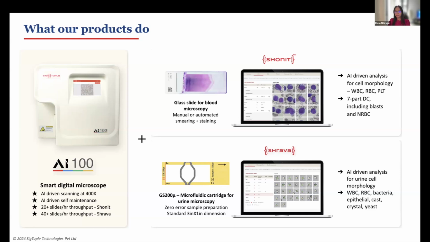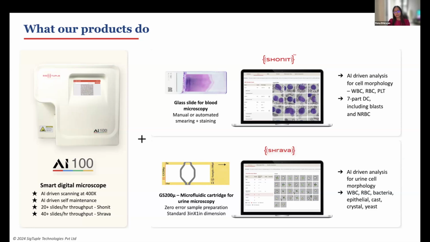The RBC morphology will provide you the anisocytosis as well as the poikilocytosis. And then you have the platelets, where you get the platelet count, as well as platelet morphology for the giant platelets, as well as the platelet clumps. You also get a fantastic microscopic view, which gives you a seamless transition from stereotypical manual microscopy to a digital-based platform where you can look at the image-based evidence and use that to assist you in making your diagnosis.